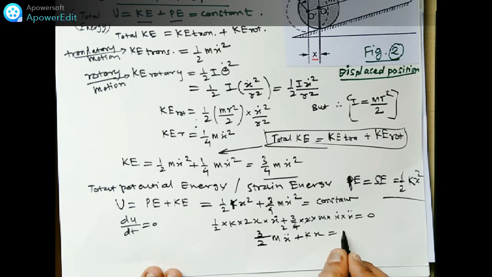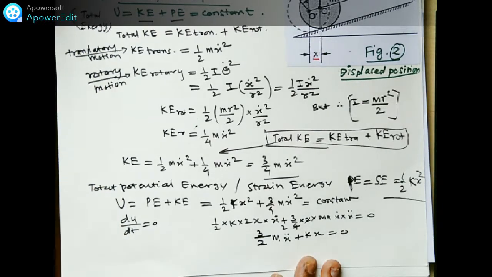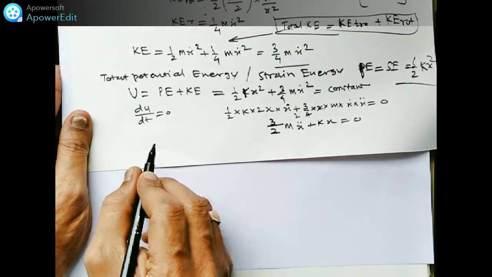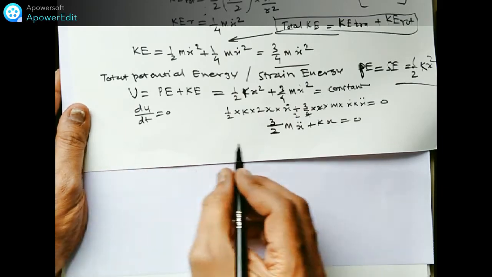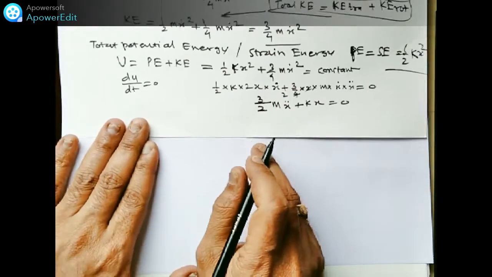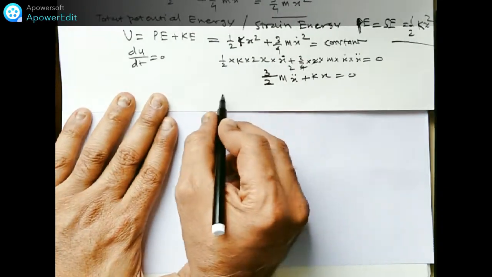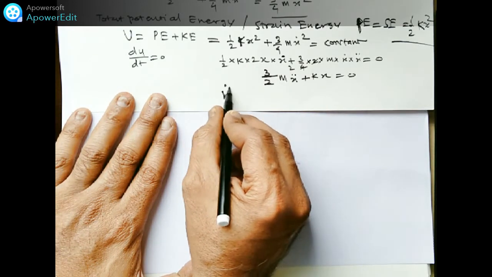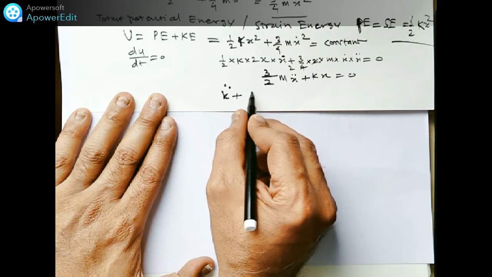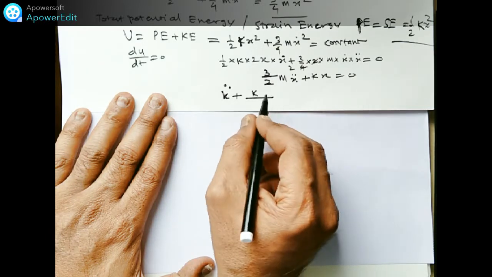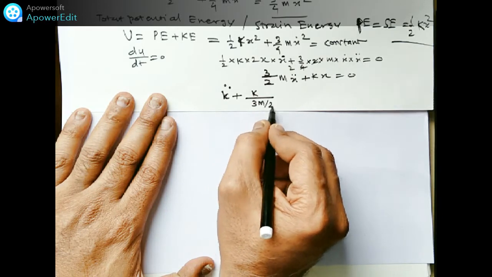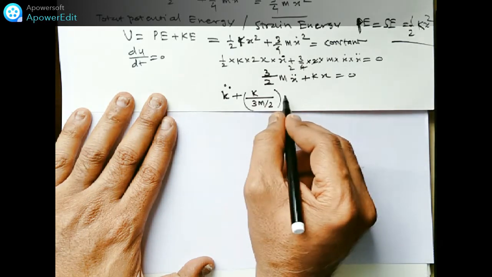Or the final equation becomes x double dot plus K divided by 3m by 2 into x, which is equal to 0.